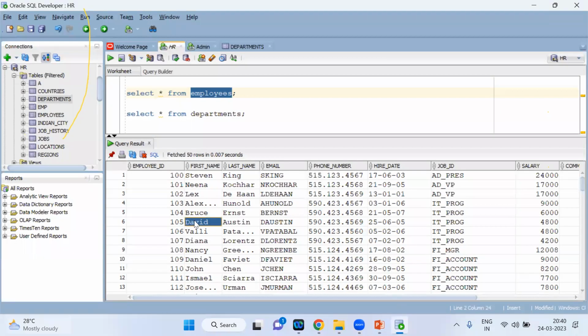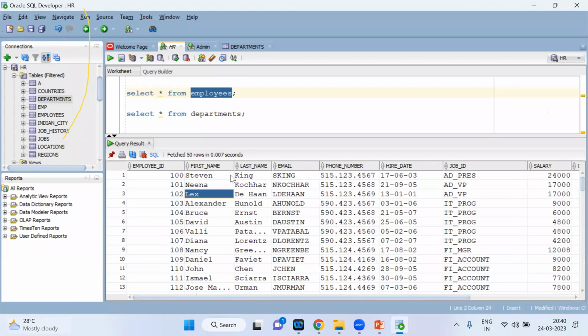Now if you see your data, this employee ID is nothing but numbers. This first name is string or characters. The last name, email, all these are characters or strings. It depends on what type of data you want to store.